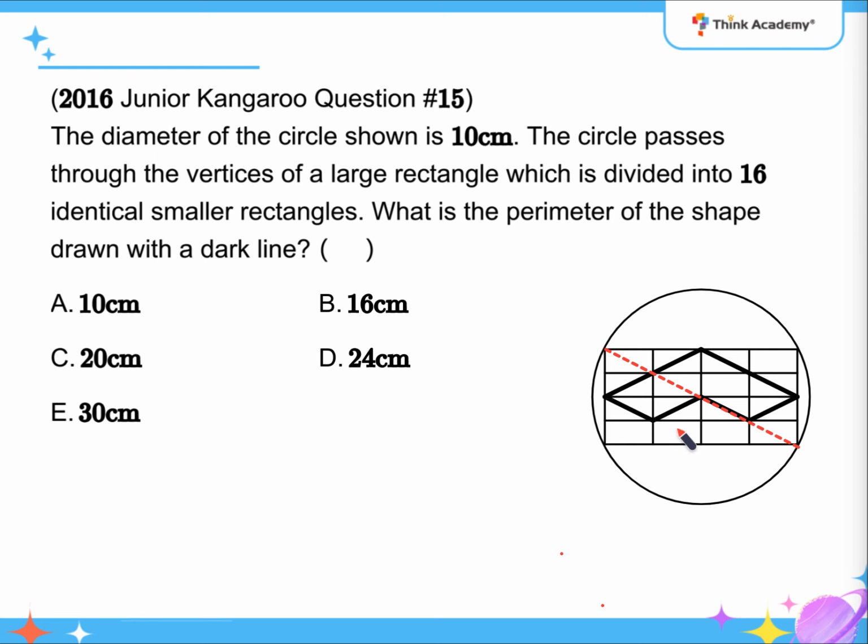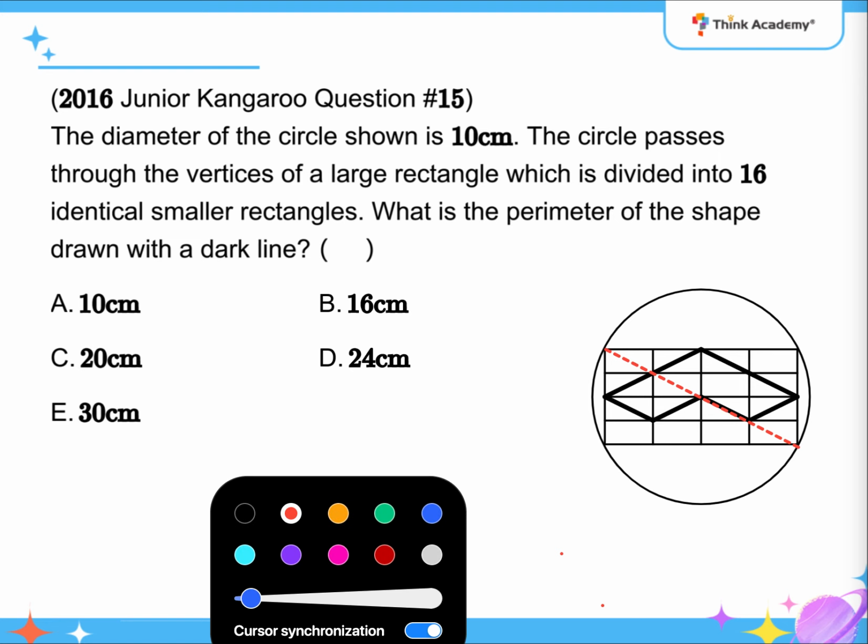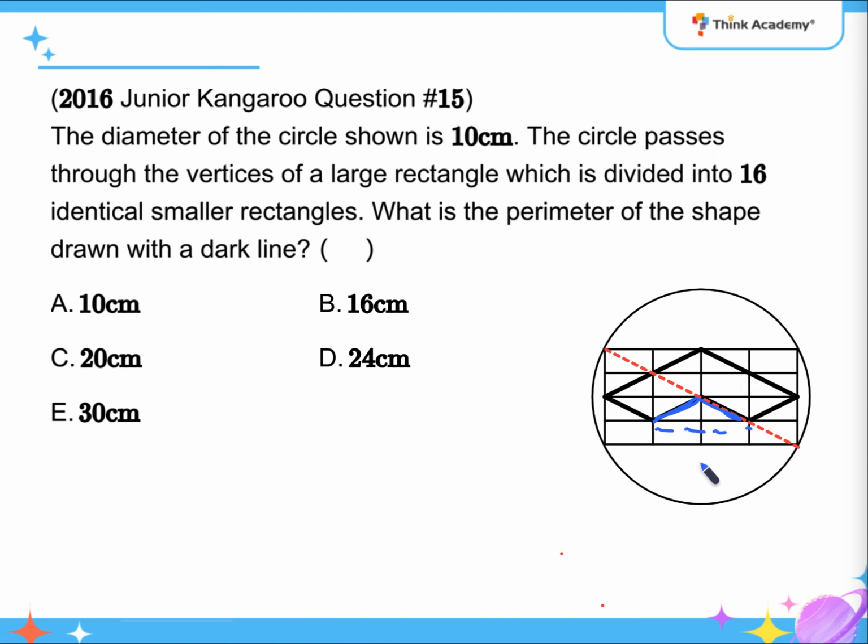So first of all, we can see that these 2 lines can be reflected off the horizontal grid, such that it becomes a rhombus like that, right?